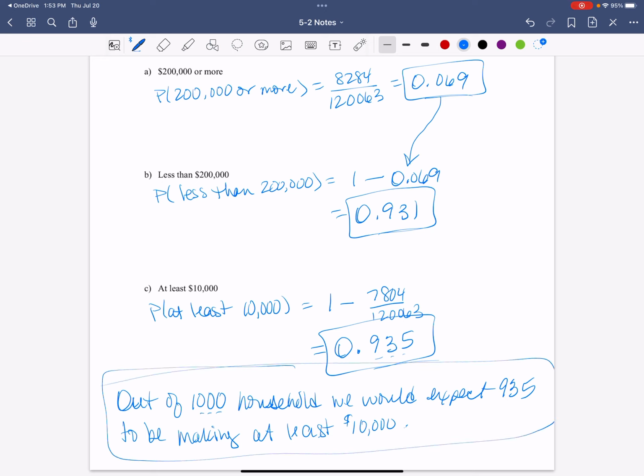See that? Okay. So it's always nice to interpret what it is that we're talking about.